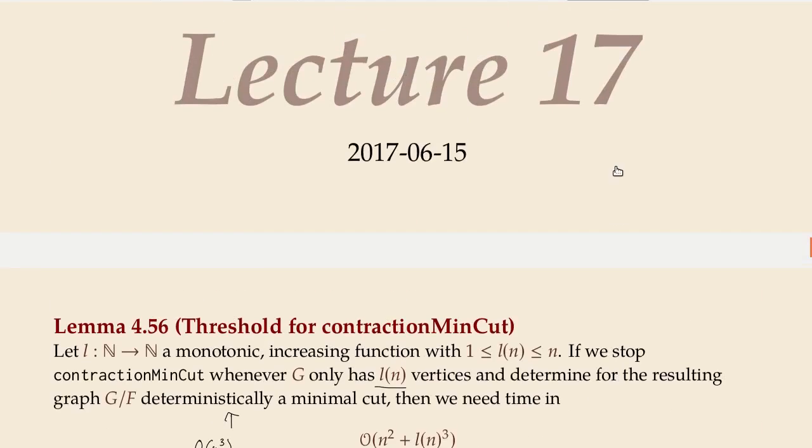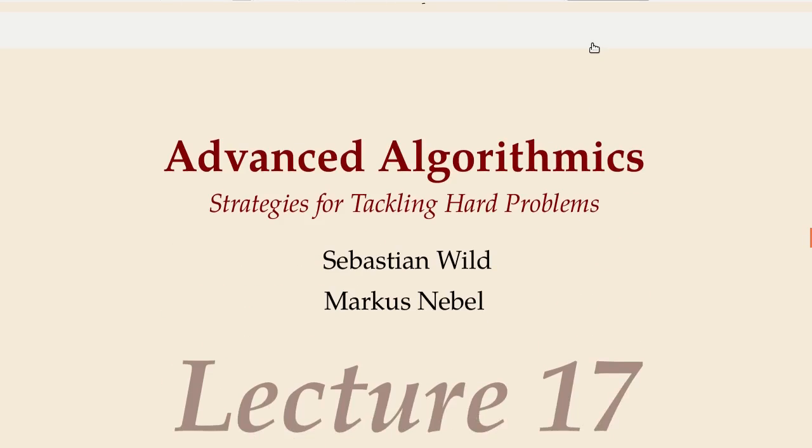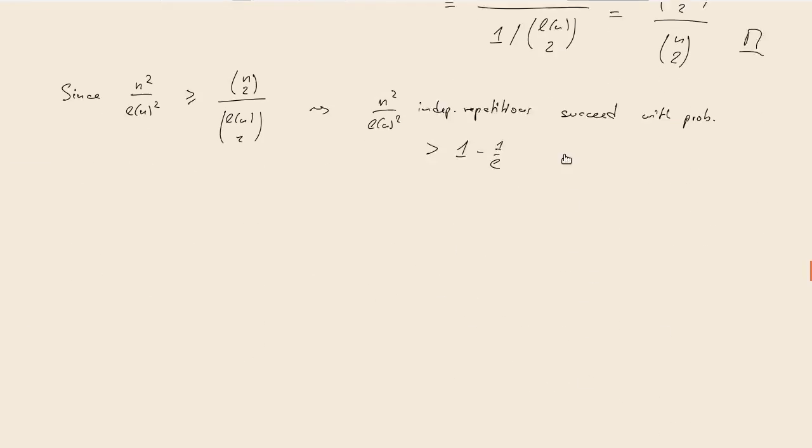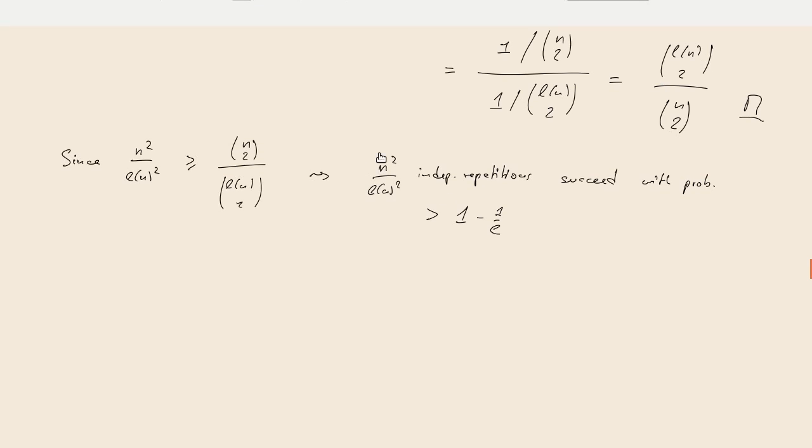That's by the same argument that we just had here. The probability that all of these runs fail is just less than 1 over e. And you just have a more complex function that you insert, but it's the same idea. If the success probability is some p, then 1 over p independent runs give you this probability at least.